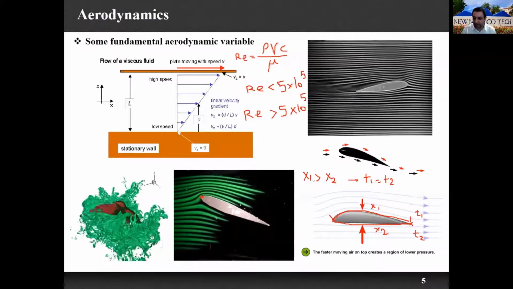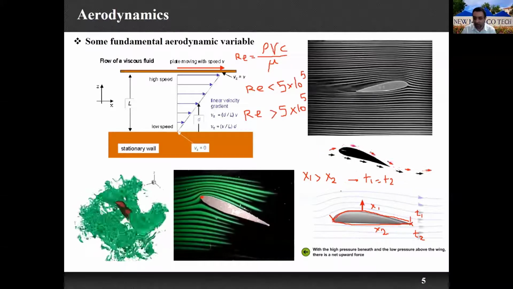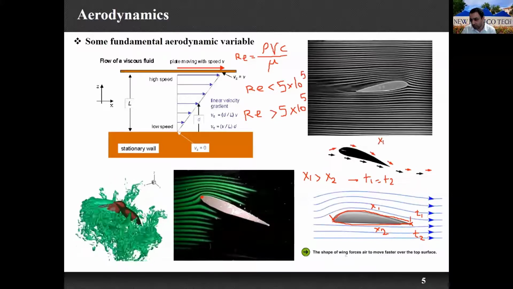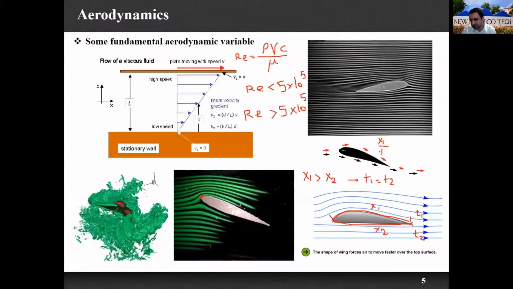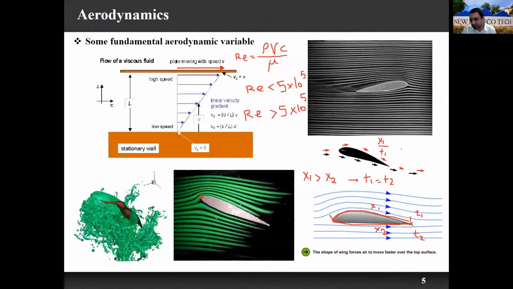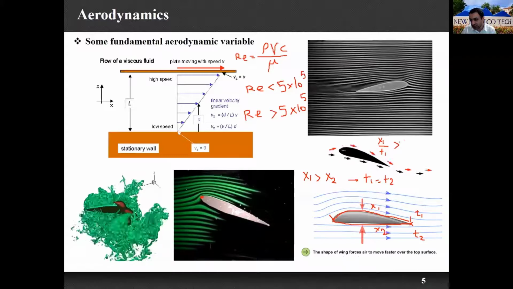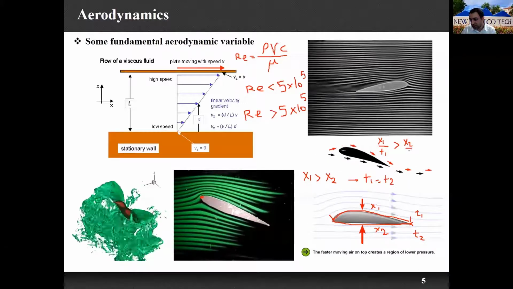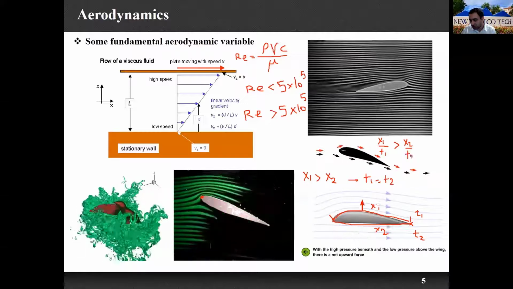So now if we divide x1 by t1 and x2 by t2, what will we get? Since t1 is equal to t2, and x1 is more than x2, x1 over t1 is more than x2 divided by t2.